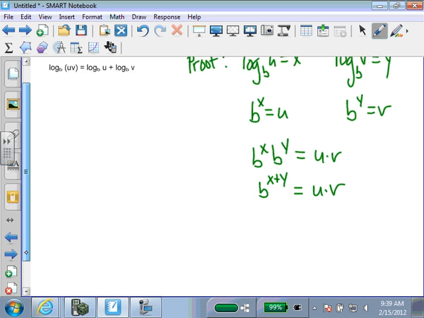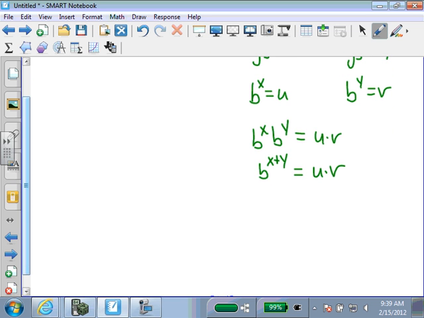Now I'm going to change back to log form. So log base b of the quantity u times v must be equal to x plus y.